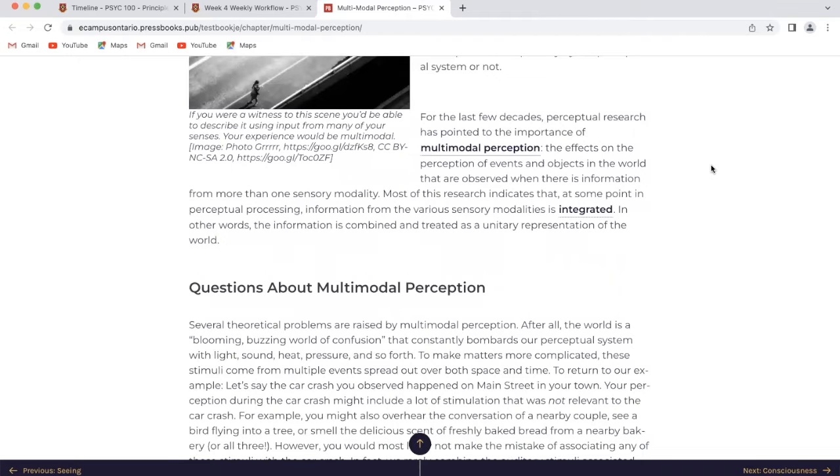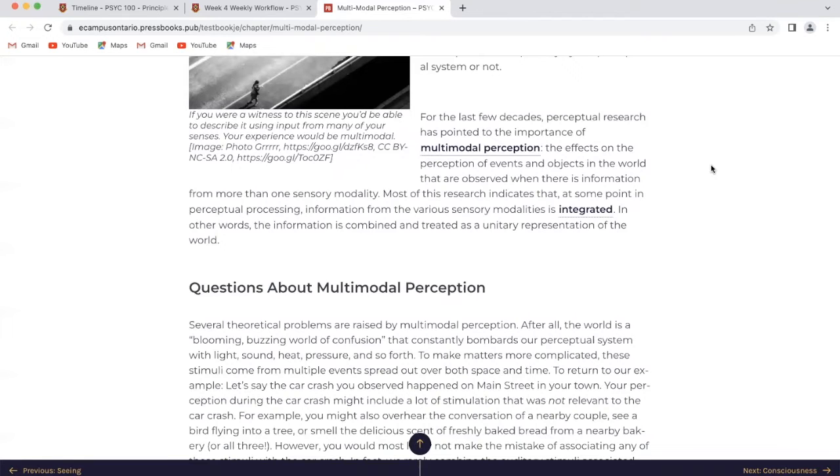Most of this research indicates that at some point in perceptual processing, information from the various sensory modalities is integrated. In other words, the information is combined and treated as a unitary representation of the world.